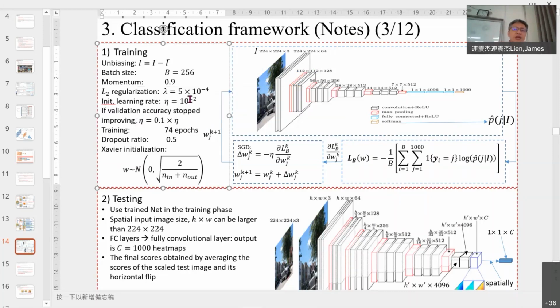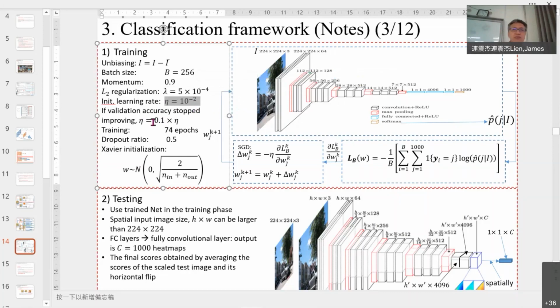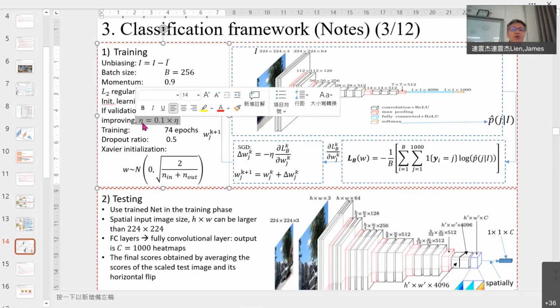Sometimes many people use an initial one, and then after several epochs, they use another learning rate. But the other learning rate is probably 1 over 1,000，就是大概1%小，会一下变很小这样子。Or you can use adaptive learning rate, up to you.